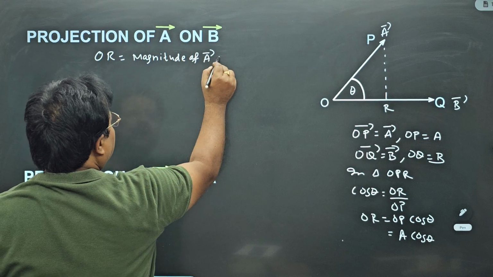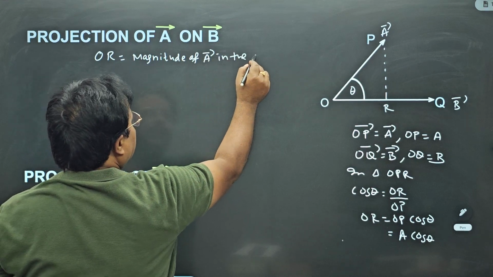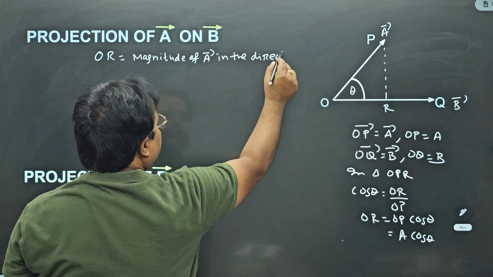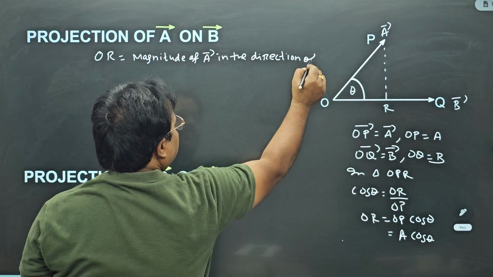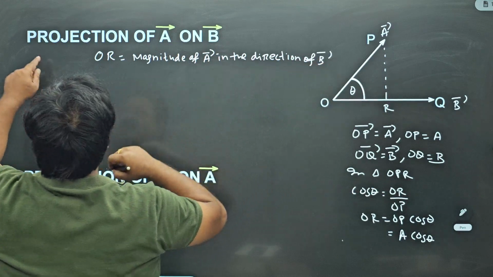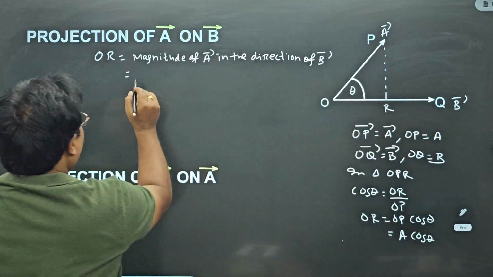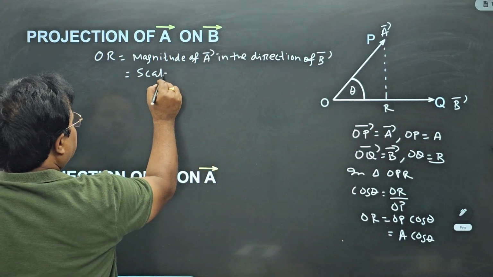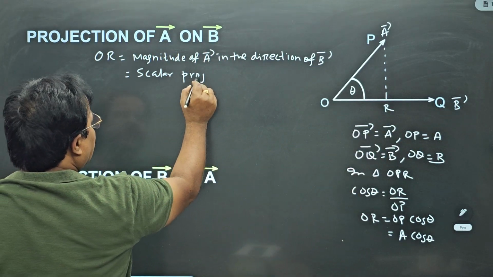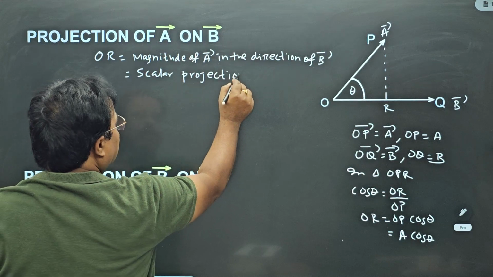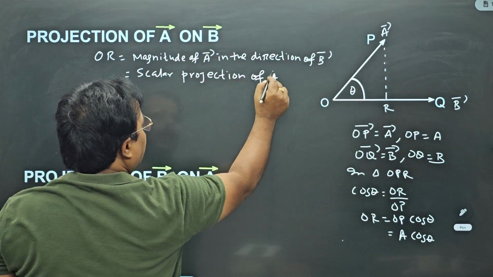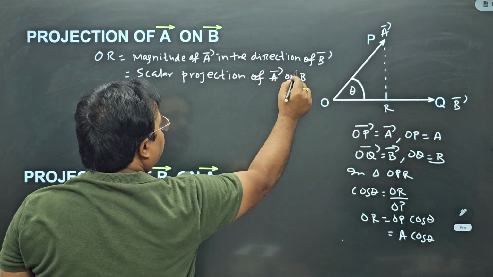Or we can say this is the scalar projection of A vector on B vector.